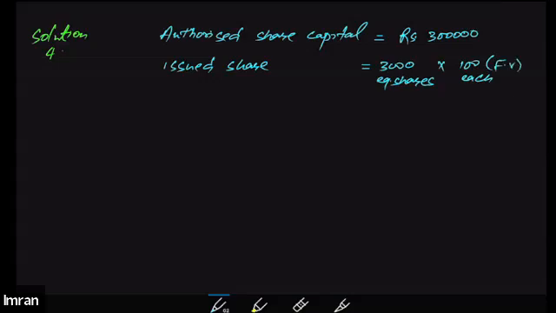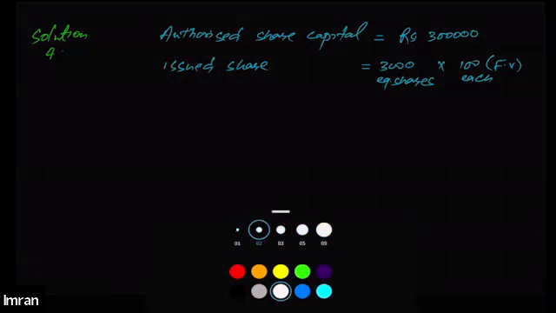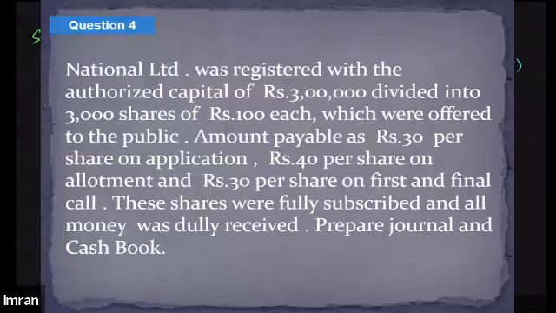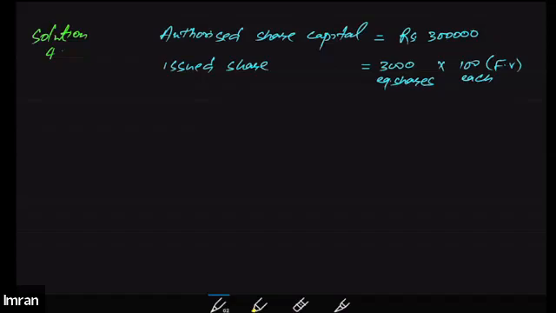Okay. Now it says that we have issued this on installment basis, since the amount payable on application will be 30, 40 on allotment, 30 on first call and final call. So let's understand this. First of all, we will be receiving application.